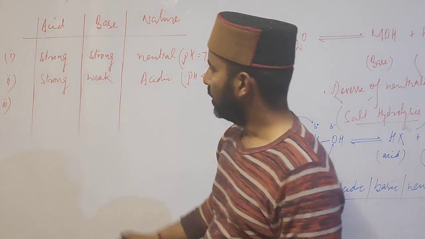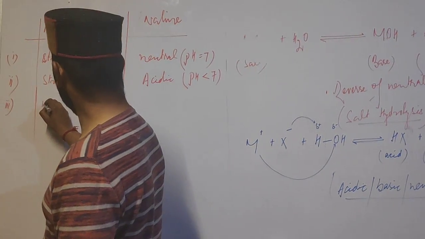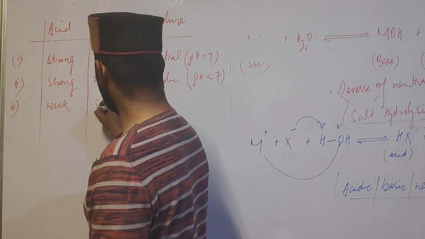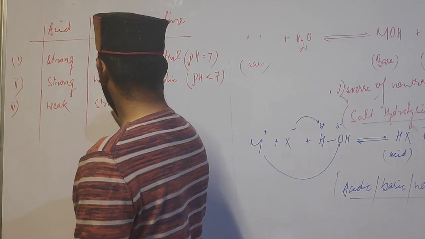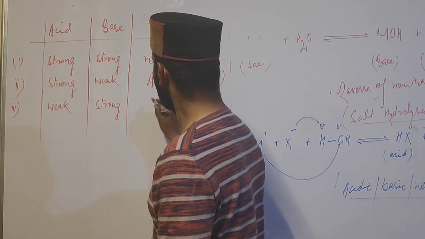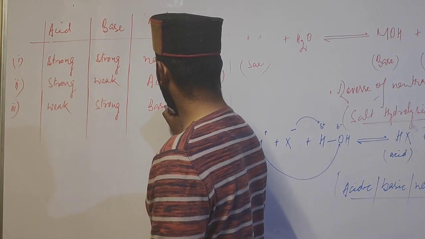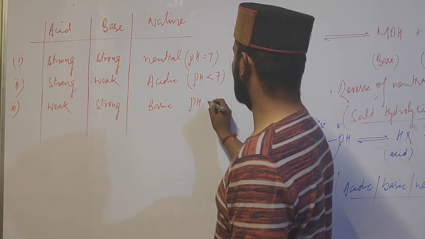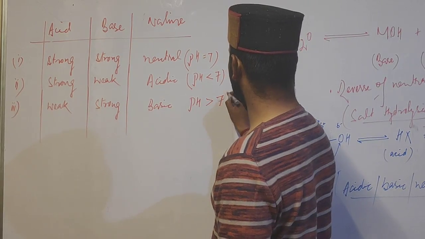See this now. If suppose the acid formed upon salt hydrolysis is weak but the base is strong, in that case the solution will be basic. Solution is basic, that means pH of the solution will be greater than 7.